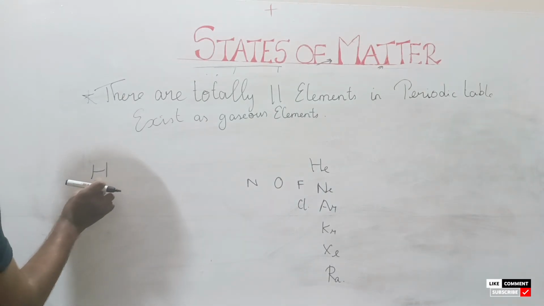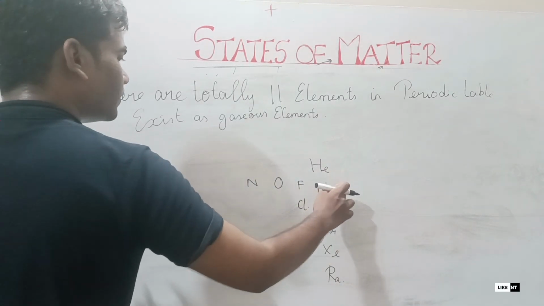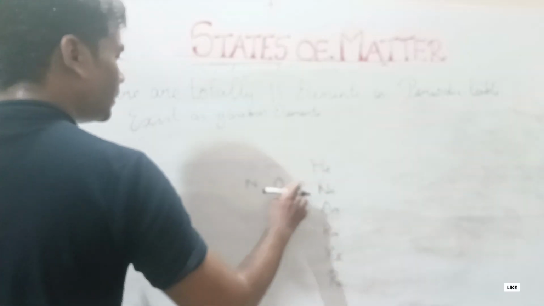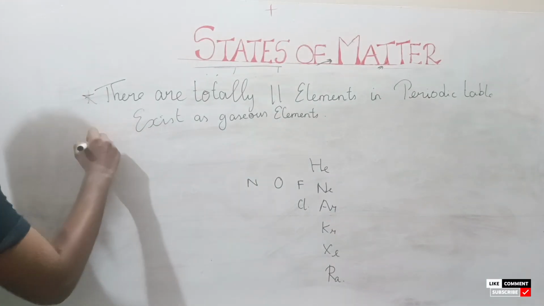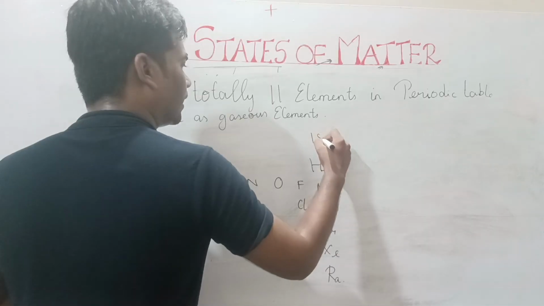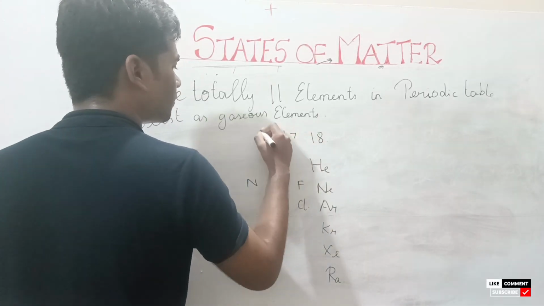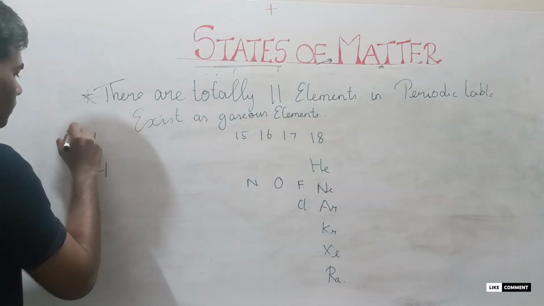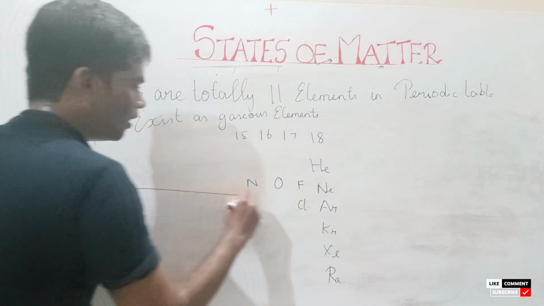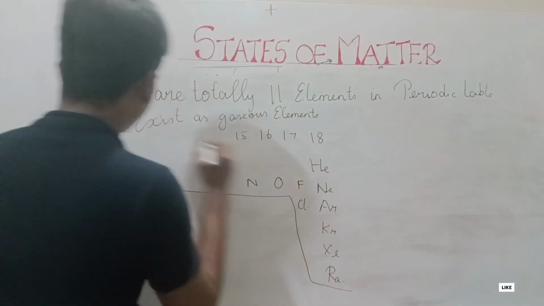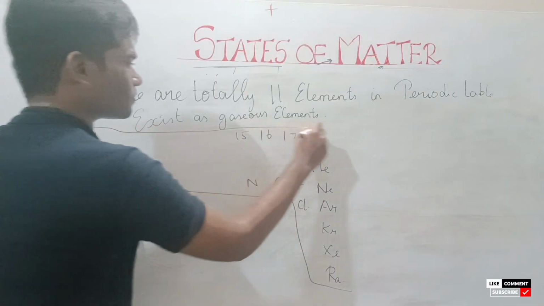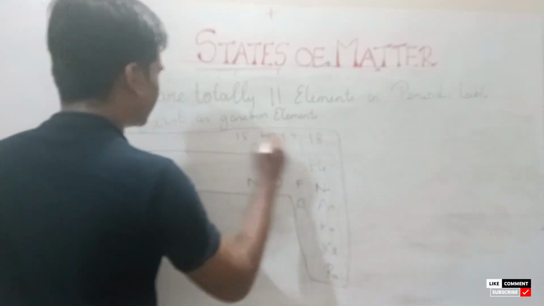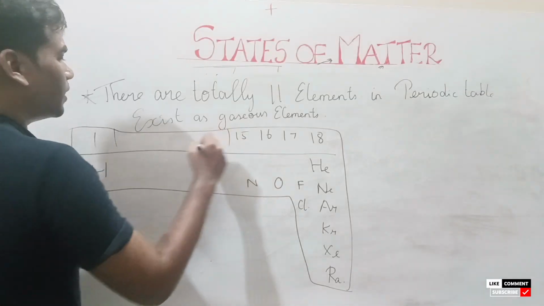We can count them here: 1, 2, 3, 4, 5, 6, 7, 8, 9, 10 and 11. Now we can write it: this is the first group, the 18th group, the 17th group, the 16th group, the 15th group. These are the 11 elements which exist as gaseous elements in their natural state in the periodic table.